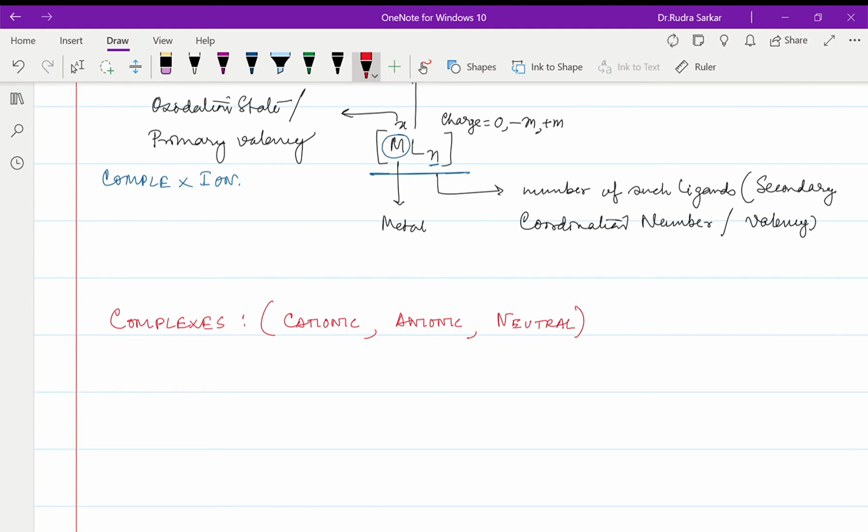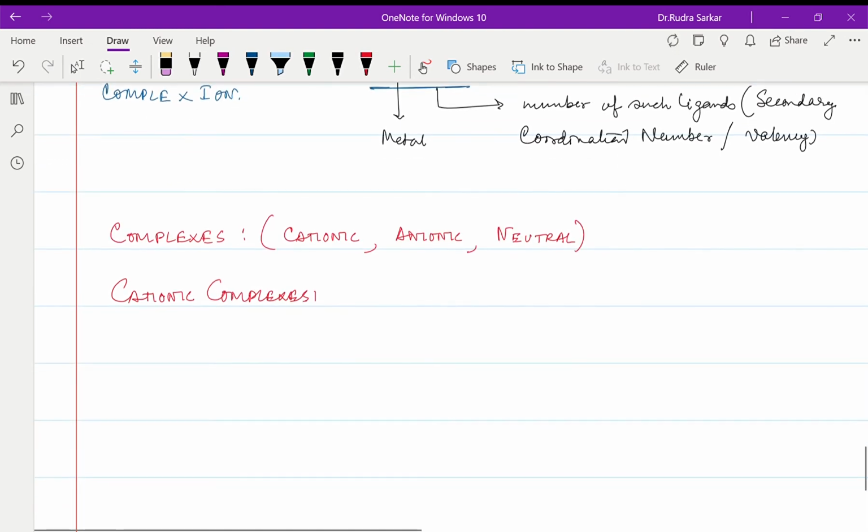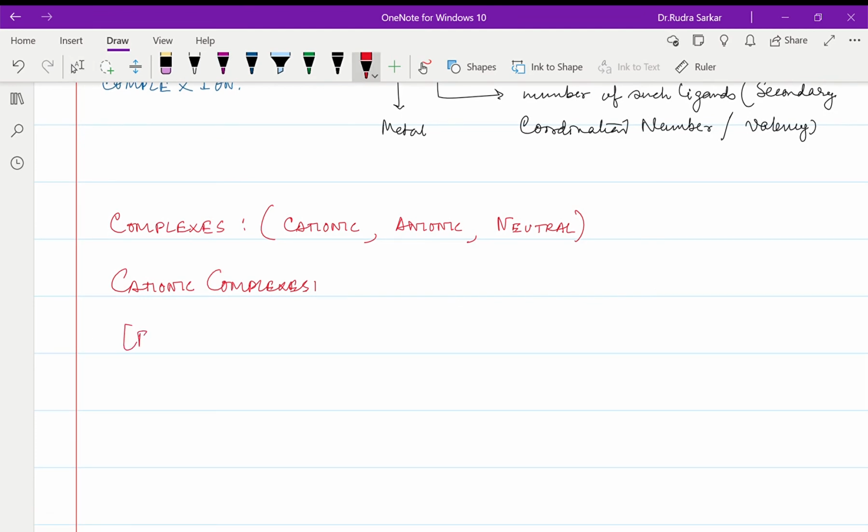Let's do the cationic complexes first. Let's say I have given you [Fe(H2O)6] with 3+ outside. Just follow what I am doing over here. If somebody asks what is the charge outside this complex, you will say positive, so it is obviously going to be a cationic complex. There is no doubt about it.